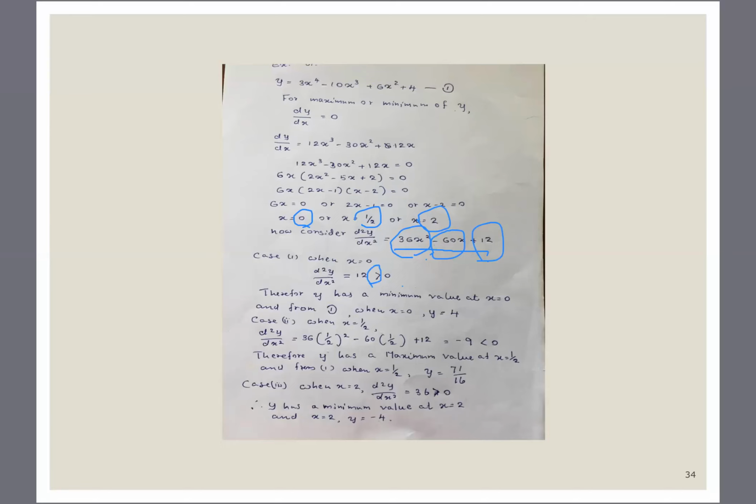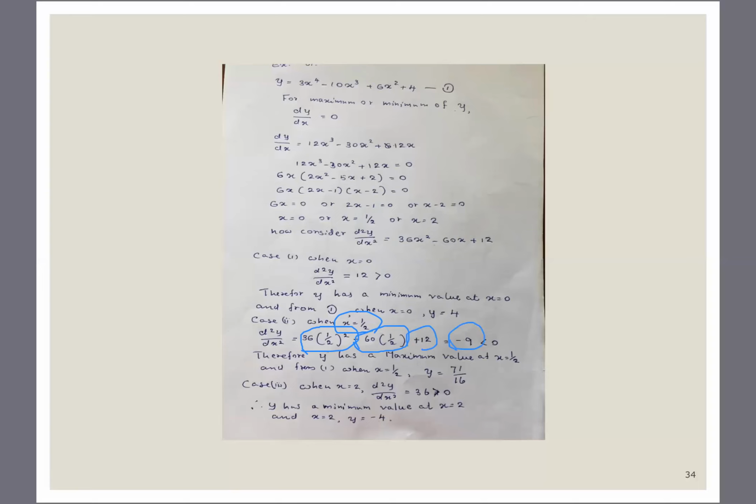It's okay, right? Then I can check the second value, that is x equal to half, right? When I apply it into the second derivative function, 36 times half squared, minus 60 multiplied by half, plus 12. So the answer is equal to minus 9, okay?